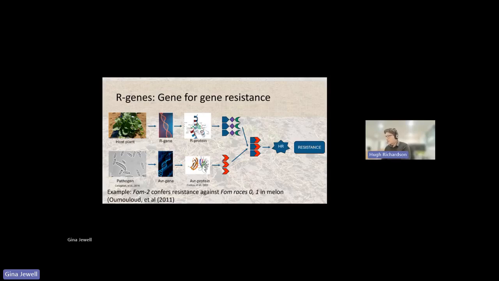In this example, the blue shapes and the red shapes are complementary. This allows binding, which allows recognition in the host cell, which allows a hypersensitive response to occur, and then you get resistance being induced. An example in cucurbits is Fusarium oxysporum f. sp. melonis, where the FOM2 gene confers resistance against races 0 and 1 in melon, Cucumis melo.